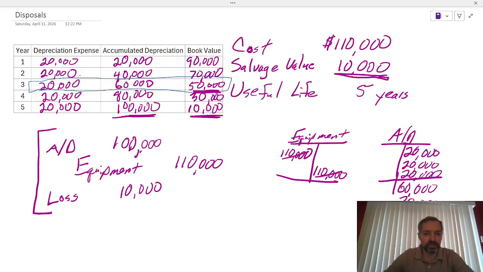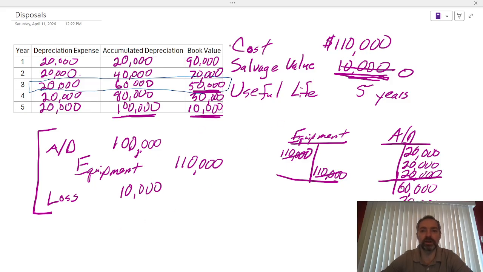The last situation that we can look at is, let's say that we had zero salvage value. In our initial calculations, we had a cost of $110,000, salvage value of 0. And so let's just say this was 0. At the very end, what would our accumulated depreciation be? It would be equal to the cost, $110,000.